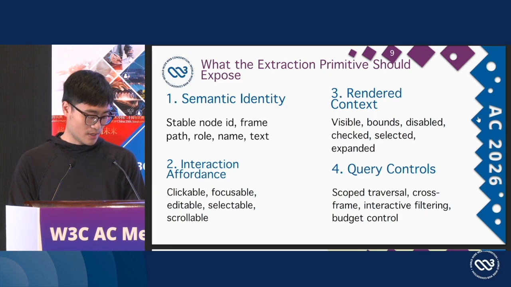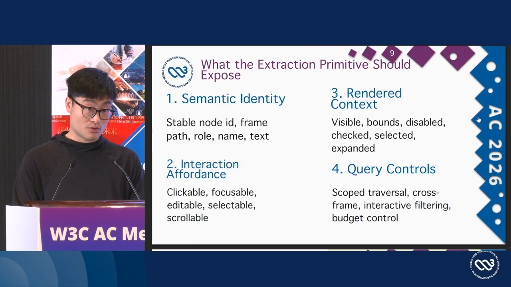And fourth, query controls, because this cannot be just a fixed full-size DOM tree. Sometimes the agent only needs a subtree, an across-frame view, or only actionable nodes. It also needs budget control so the output stays compact enough for real modern usage.